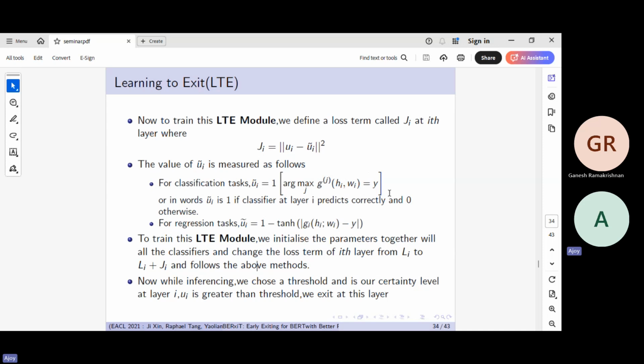For classification tasks it is more intuitive, because the expected confidence u_i hat should be 1 if the predicted output matches the correct label, and 0 otherwise.